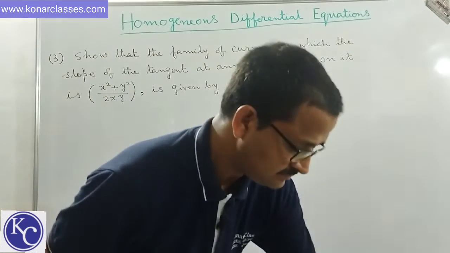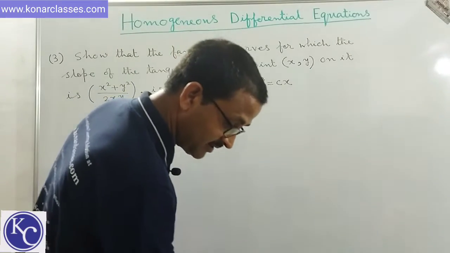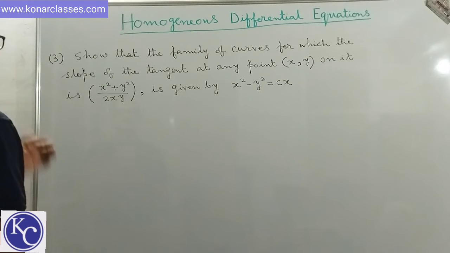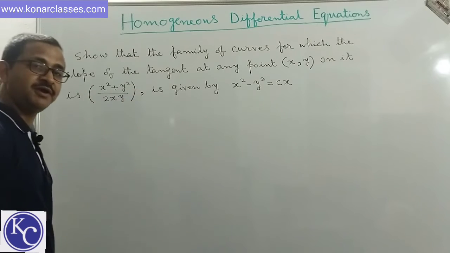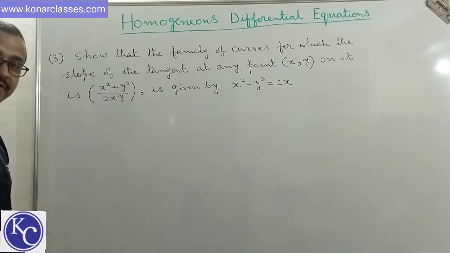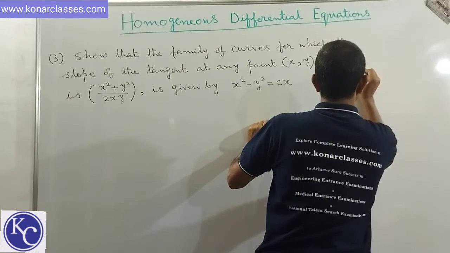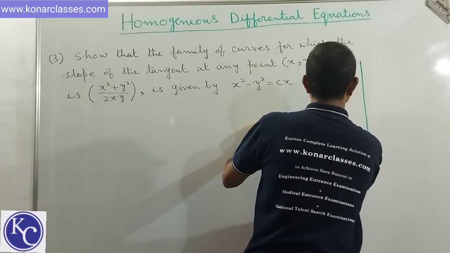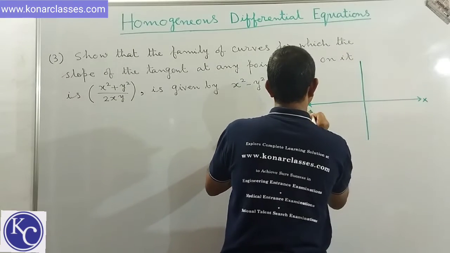Let us understand the question first geometrically, and after that we will proceed for the solution. Whatever I have read so far in this problem statement, let us give a geometrical interpretation or a visual representation. So let us consider these Cartesian coordinates.